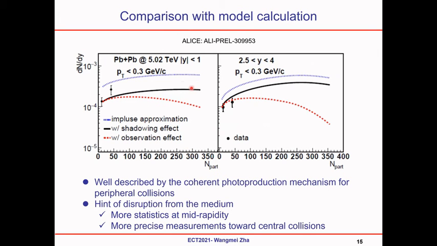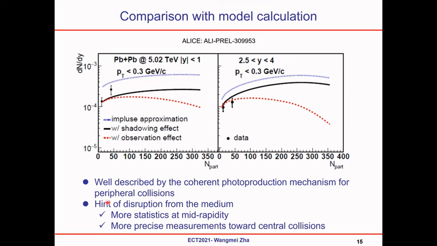Okay, and recently ALICE has also made a measurement from Run 2 at 5.02 TeV. This is the result at mid rapidity, and this is the result at forward rapidity. I think the conclusion is the same as what we showed in the last slide.